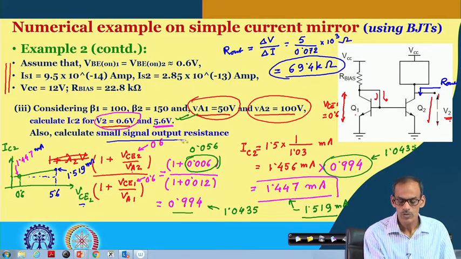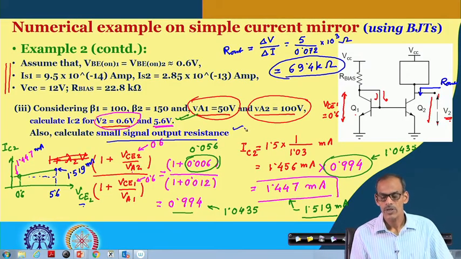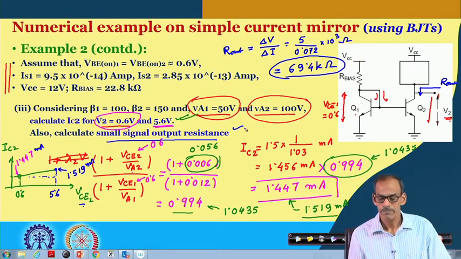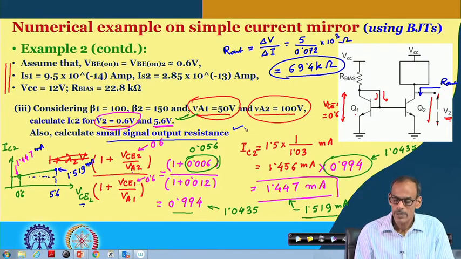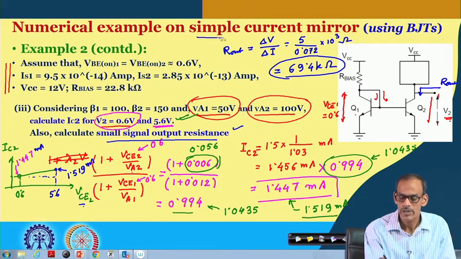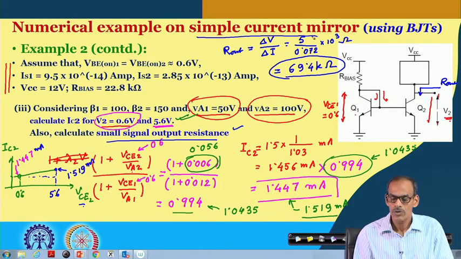So, the small signal output resistance is 59.4 kilo ohm. So far we have considered a simple current mirror. Now we can go for a more precise current mirror.